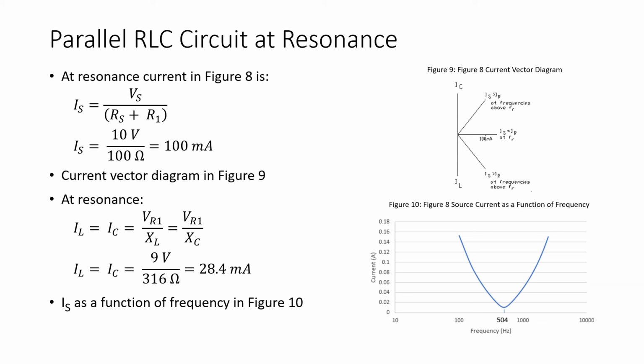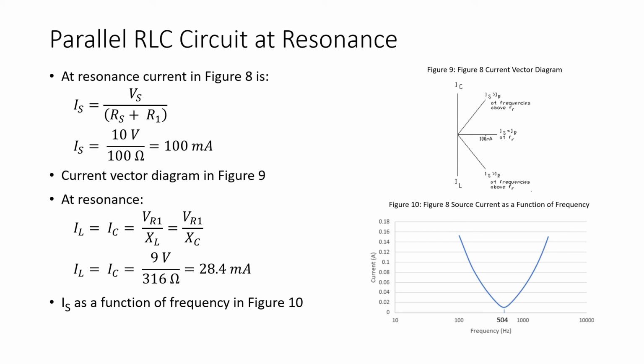At frequencies below resonance, the inductive current will be greater than the capacitive current, and I source will be in the fourth quadrant. I note an error here. It should say that IS is greater than IR at frequencies below resonance, in the fourth quadrant.